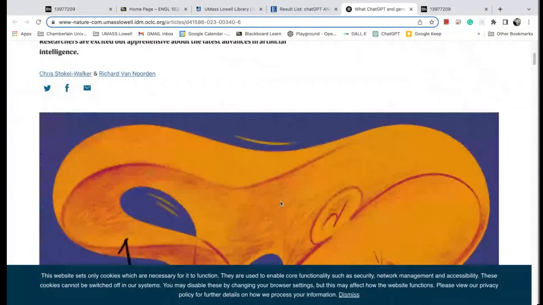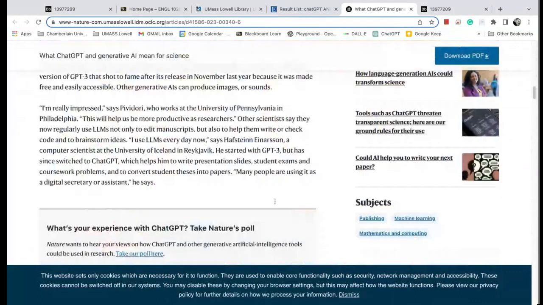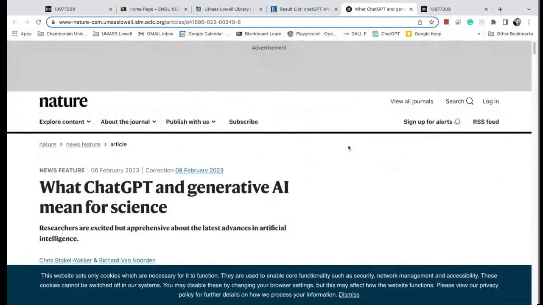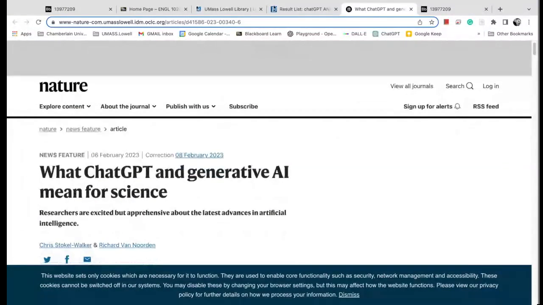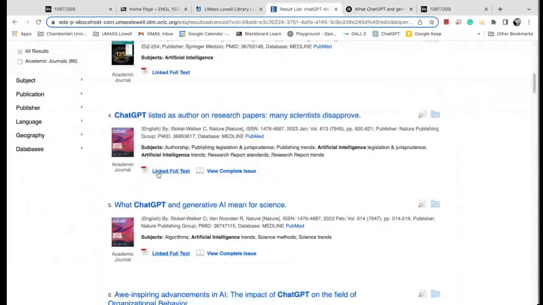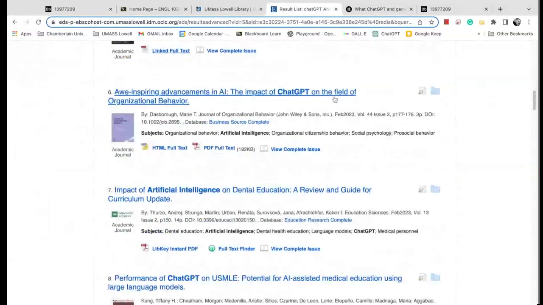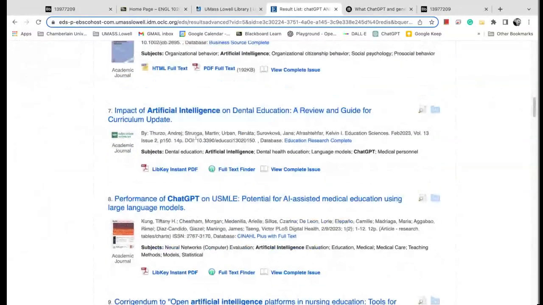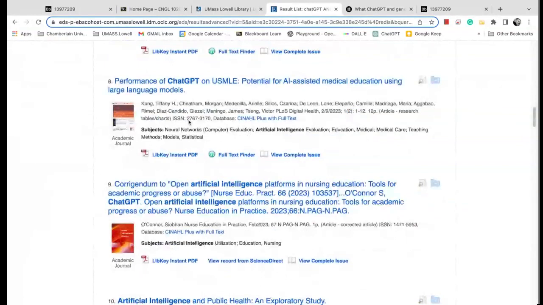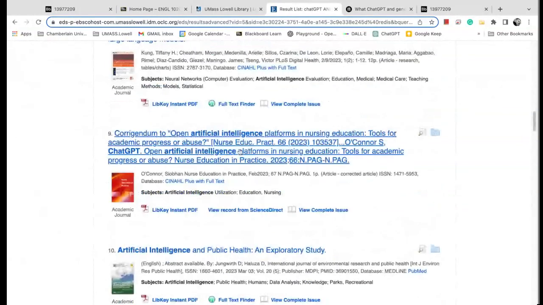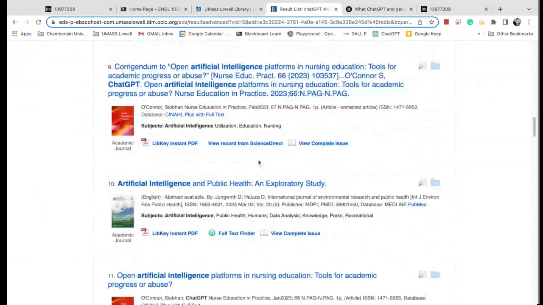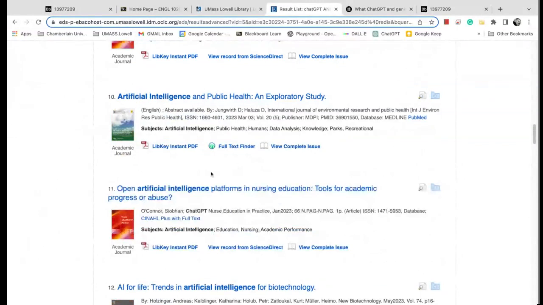Okay, so in this article in Nature, right? So I would look at organizational behavior impact. Since this is a very new subject, there's also not going to be too much, and you want the absolute most recent stuff.